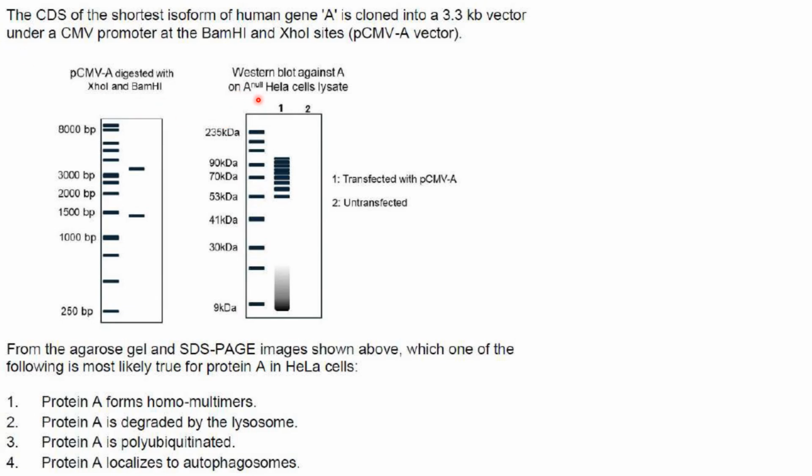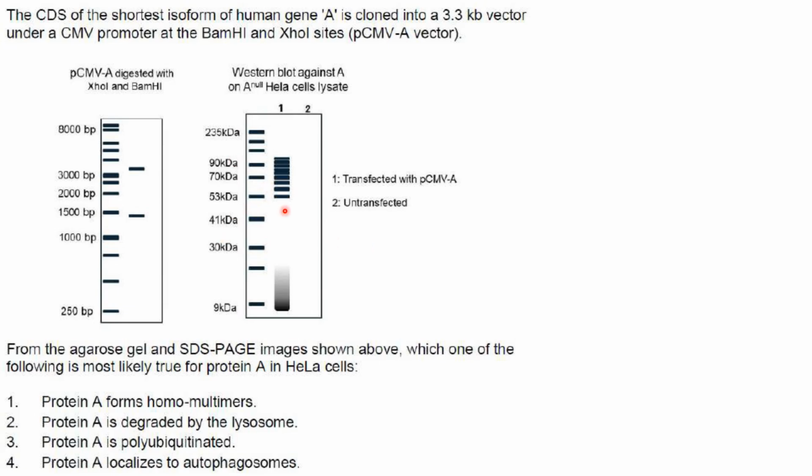Now Western blot against the A null HeLa cell lysate. This is the Western blot that you obtained after you transfect HeLa cells with the vector pCMVA.